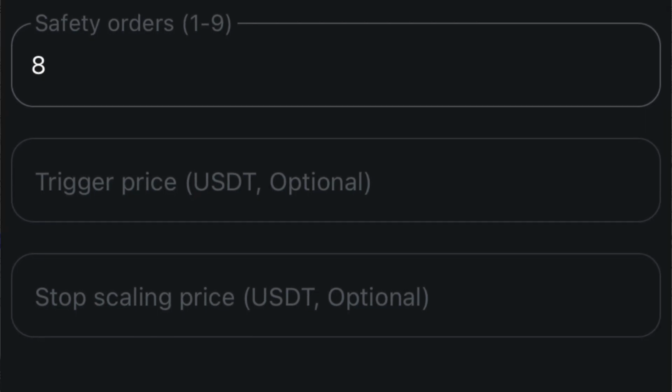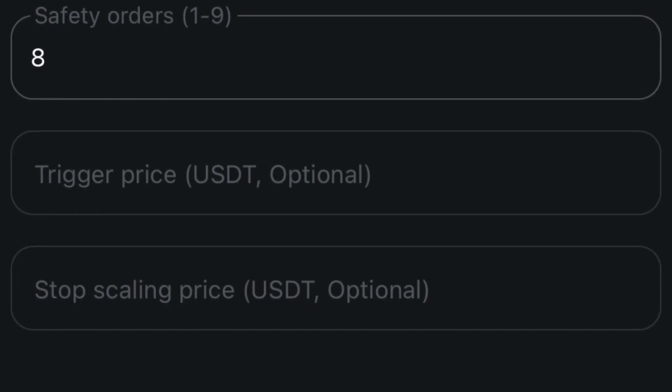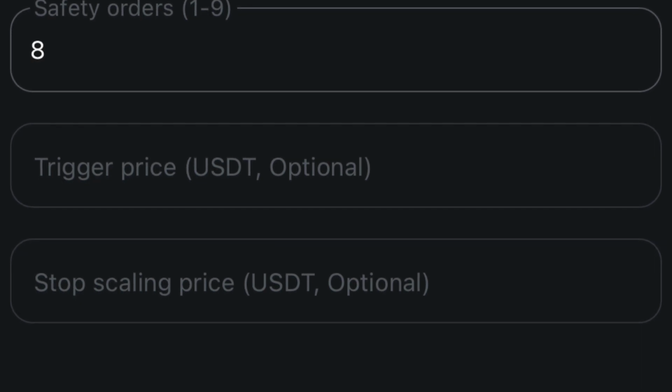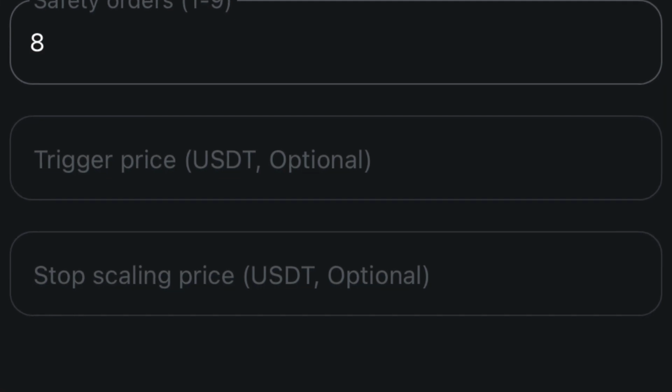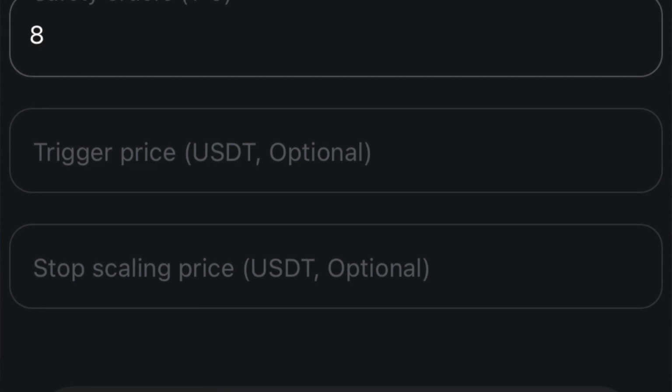So you have your investment, the max safety order, stop scaling price. The trigger price is optional, and the stop scaling price is also optional. I just saw that on my app. I want to make sure everyone knew that.